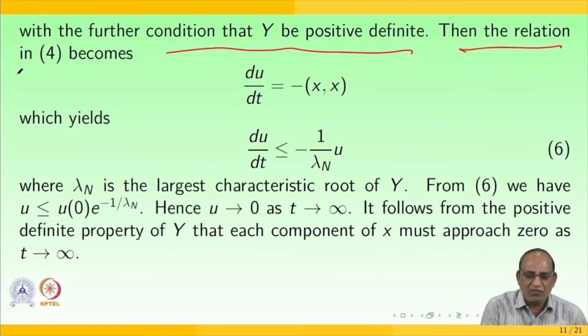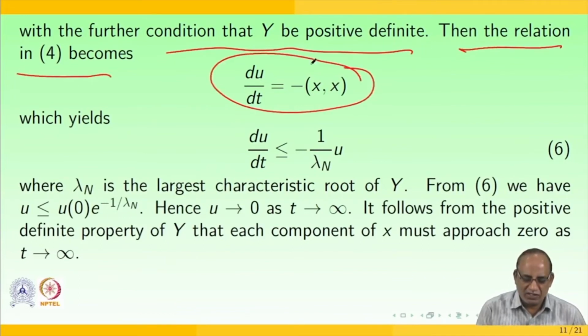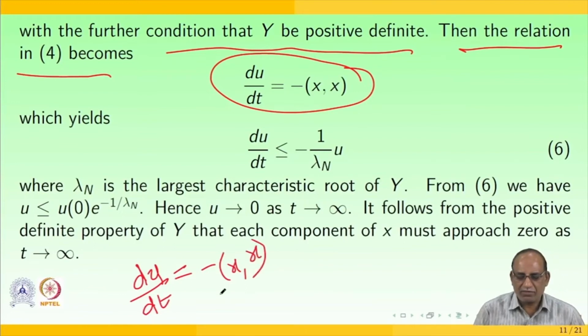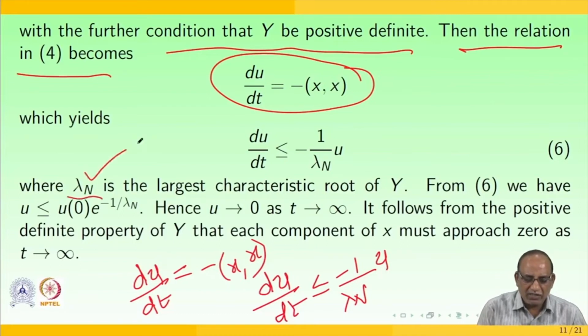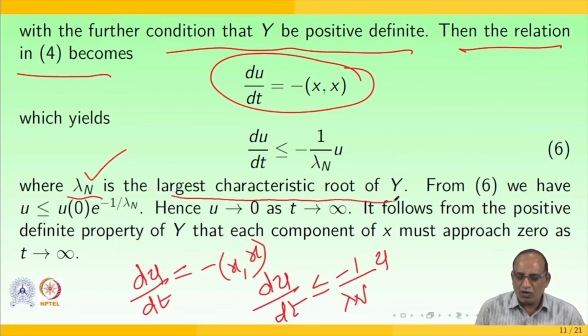Then the relation becomes du/dt = -(x, x), which yields du/dt ≤ -(1/λn) u, where λn is the largest characteristic root of Y.